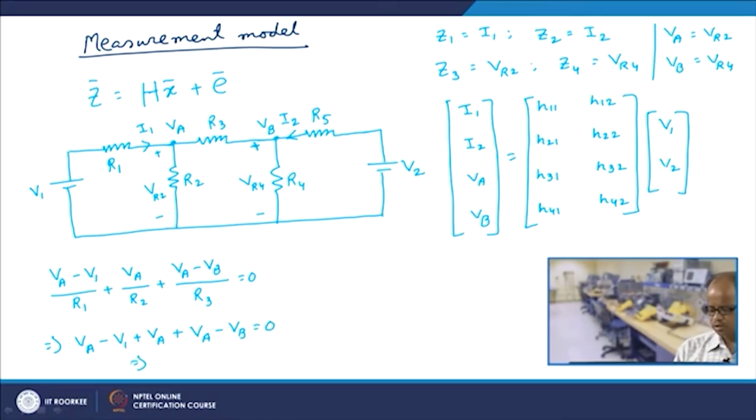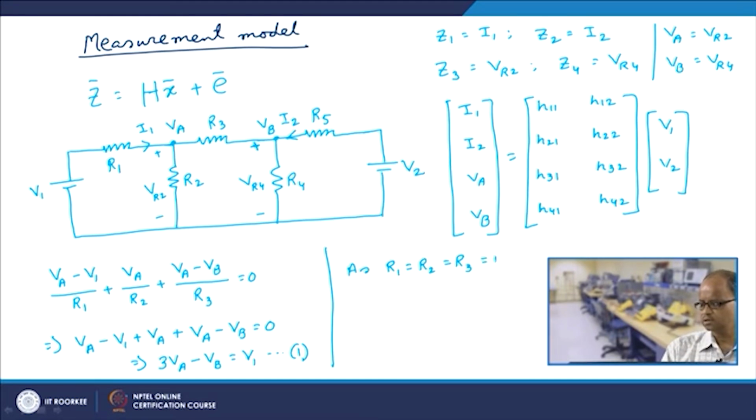So, this equation turns out to be 3 VA minus VB is equal to V1. So, this is equation 1. This we are doing as R1 is equal to R2 is equal to R3 is equal to R4 is equal to R5 is equal to 1 ohm.